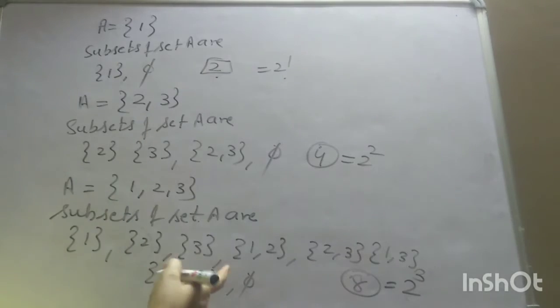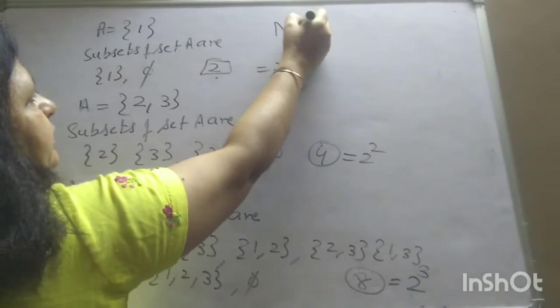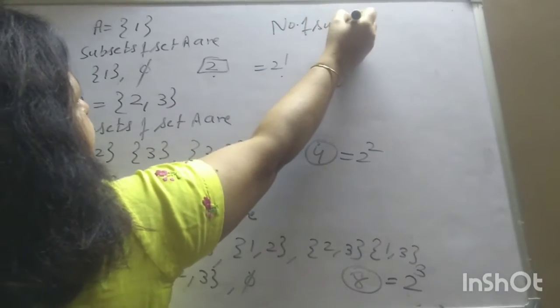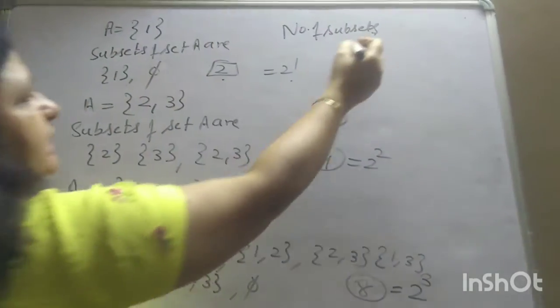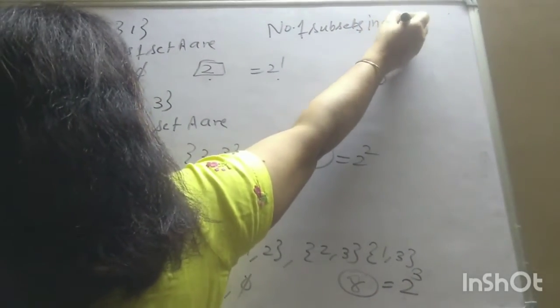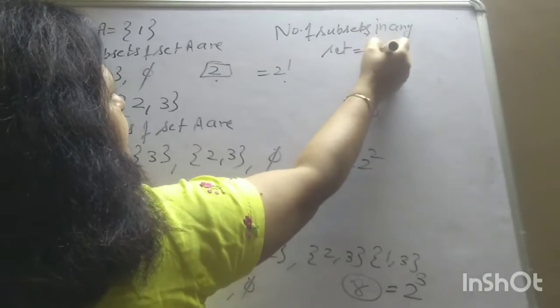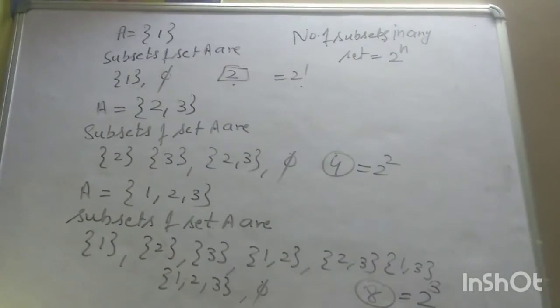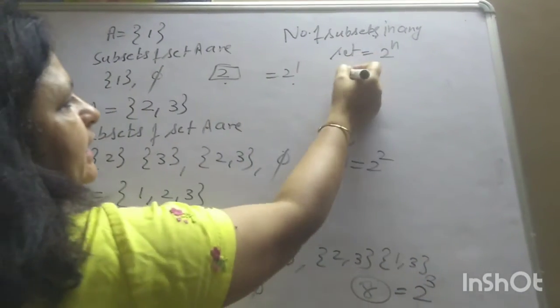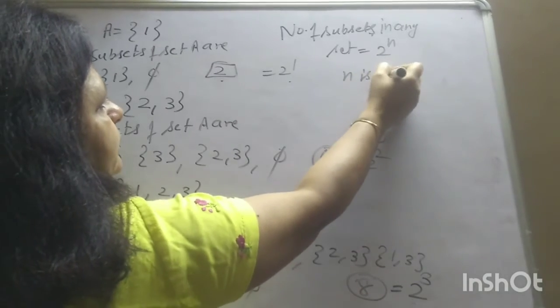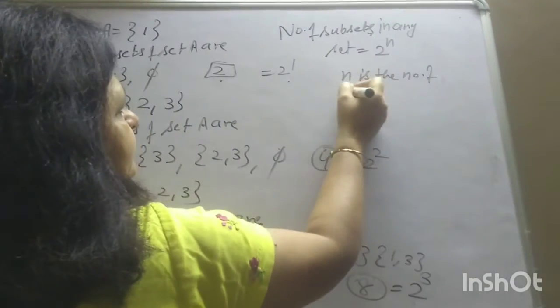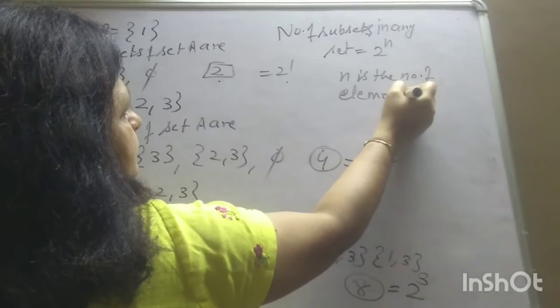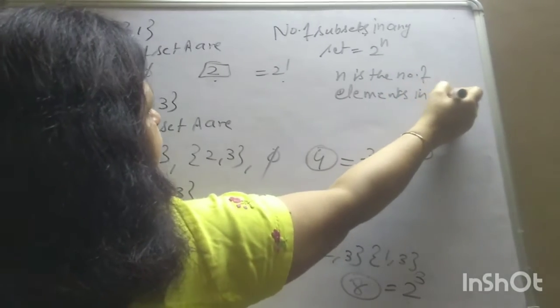So in this way we can say number of subsets in any set is equal to 2 to the power n, where n is the number of elements in that particular set.